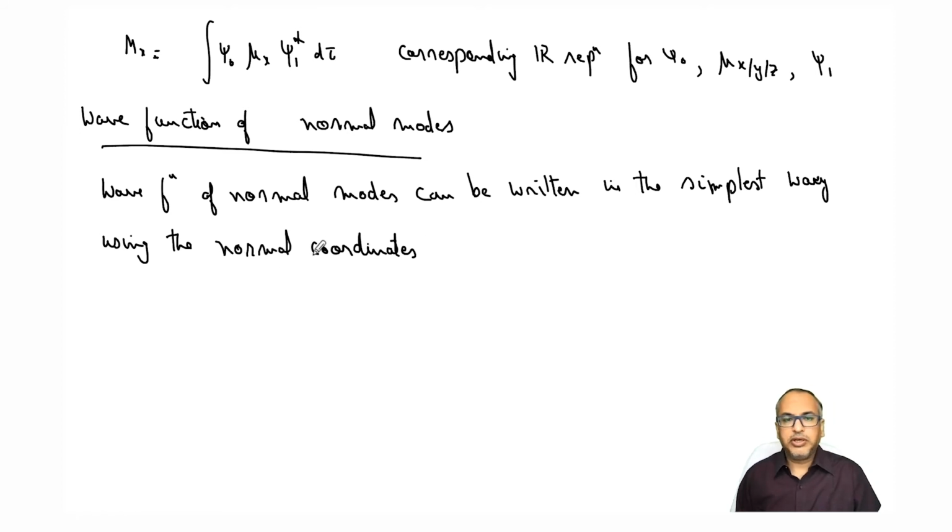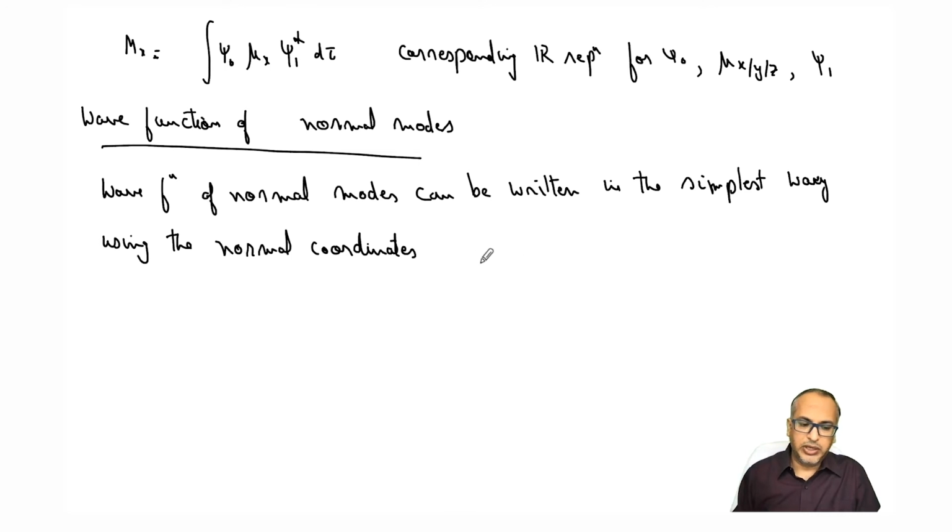So if we know the symmetry of the normal coordinates, we can back calculate the symmetry of the wave function, right? That means we should know the symmetry of the normal mode, and correspondingly the symmetry of the normal coordinate can be predicted, and from there the symmetry of the wave function can be predicted.